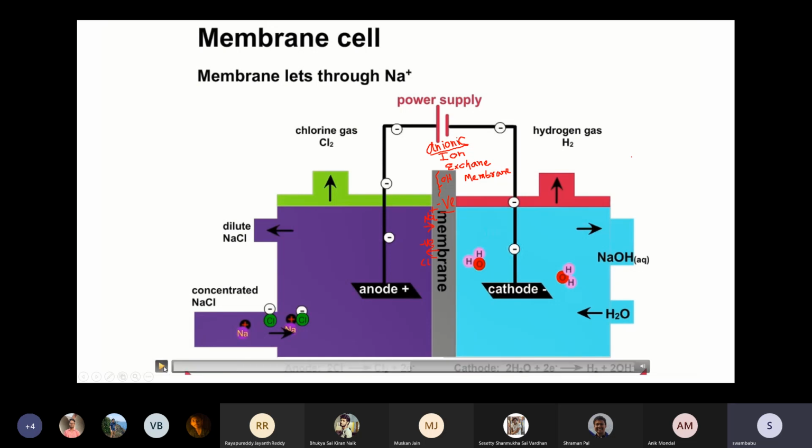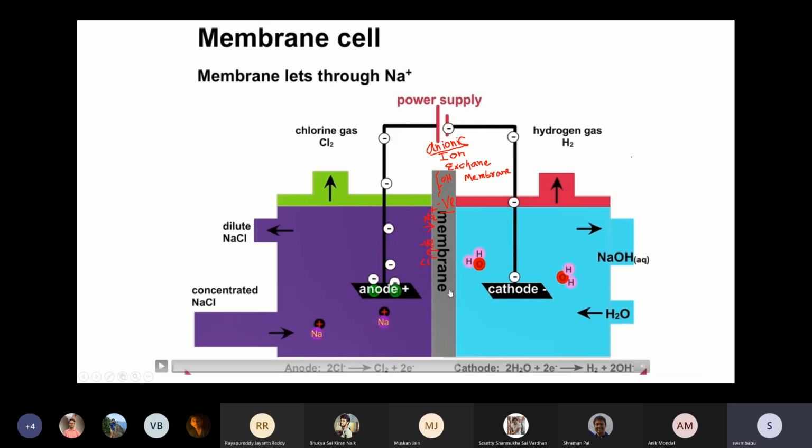Upon entering, the Cl- ions migrate towards the anode, and two chloride ions combine together to form chlorine gas. The Na+ ions present here have a tendency to move towards the cathode because it is negatively charged, and these are the positive ions.